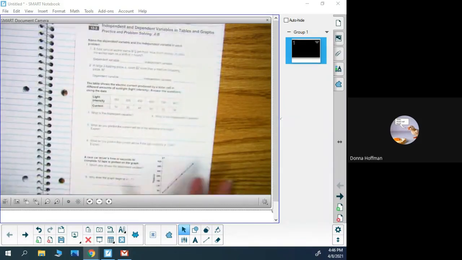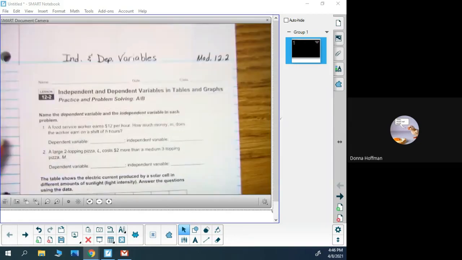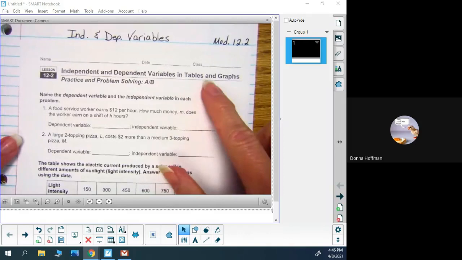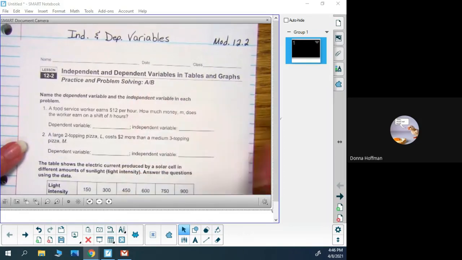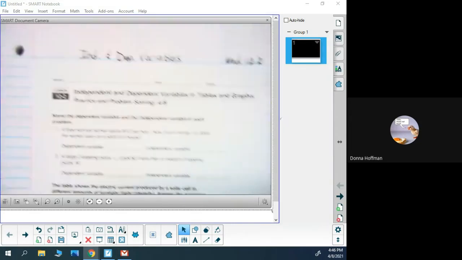Okay, so then you're going to go and get this paper here, which is 12.2, independent and dependent variables in tables and graphs, solving AB. And I want you to go ahead and figure this out and enter it all in teachermade.com, okay? And I think that's the only homework sheet to this one.